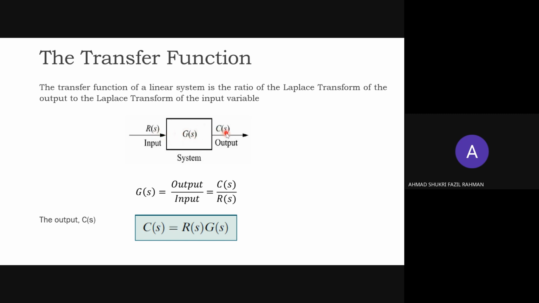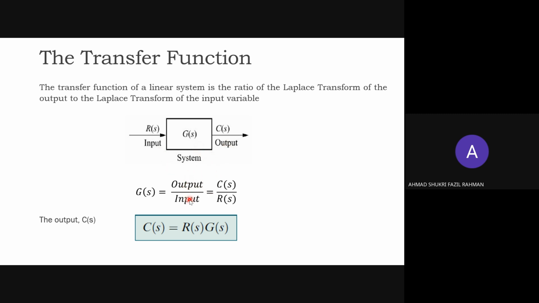Everything here is small case, except for capital R and capital C. We have the input, represented by R(s), and the output, represented by C(s), and the system is G(s). Based on this figure, we can obtain a mathematical equation whereby G(s) is equal to output divided by input, the ratio between output and input.